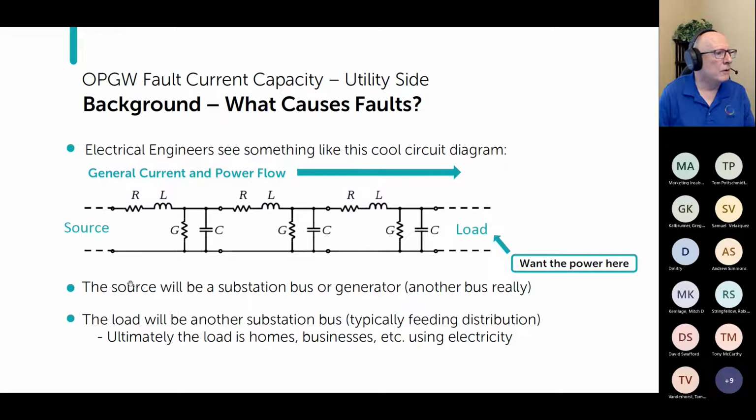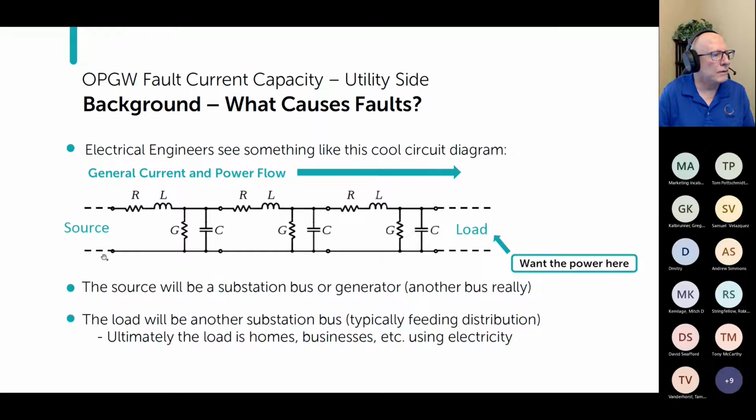In a circuit, there's always a source and a load. In between, you have resistance and inductance and even some capacitance. But the point is that you have power starting at the source, and the current and the power flow through the circuit to get to the load.